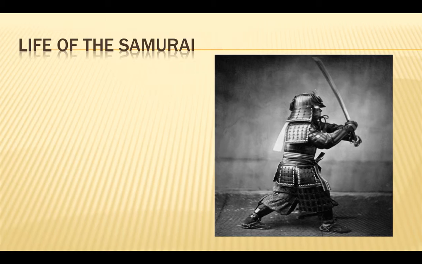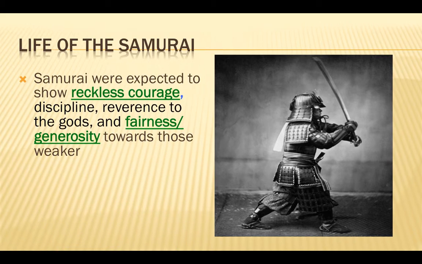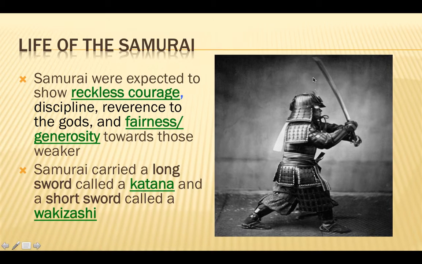So what are the lives of the samurai like? They're supposed to be full of courage, discipline, reverence towards gods, have fairness, and generosity to those who are weak. They are really known for their samurai sword, as seen here, or the katana, which is the long sword, and the wakizashi.